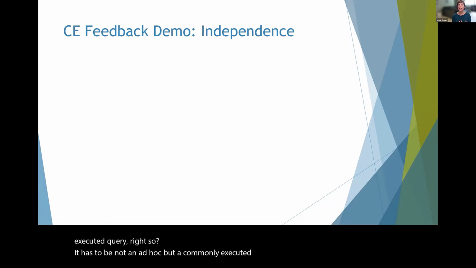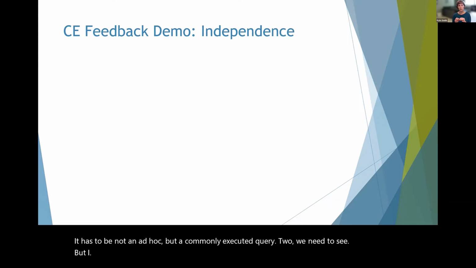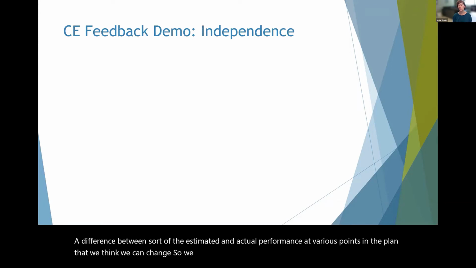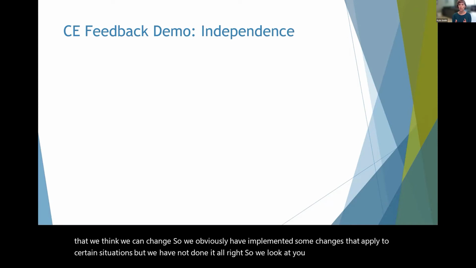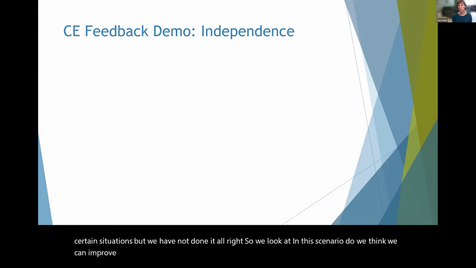Two, we need to see a difference between the estimated and actual performance at various points in the plan that we think we can change. We have implemented some changes that apply to certain situations, but we have not done it all, right? So we look at, in this scenario, do we think we can improve it? And that's basically what we're out to do.